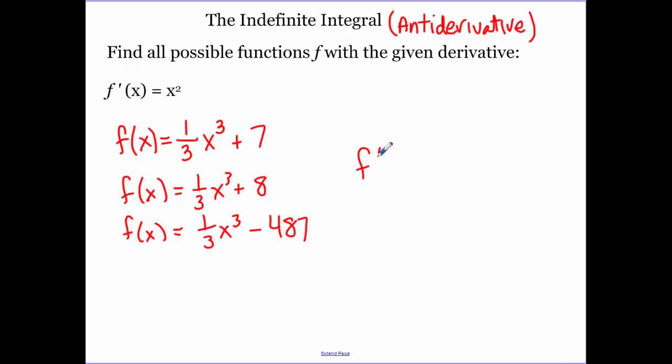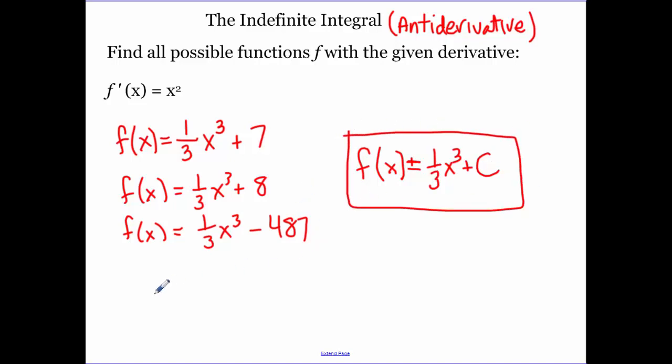We added on a constant. So this should equal 1/3 x cubed plus c. So this is our antiderivative, or all possible functions that have the derivative of x squared.